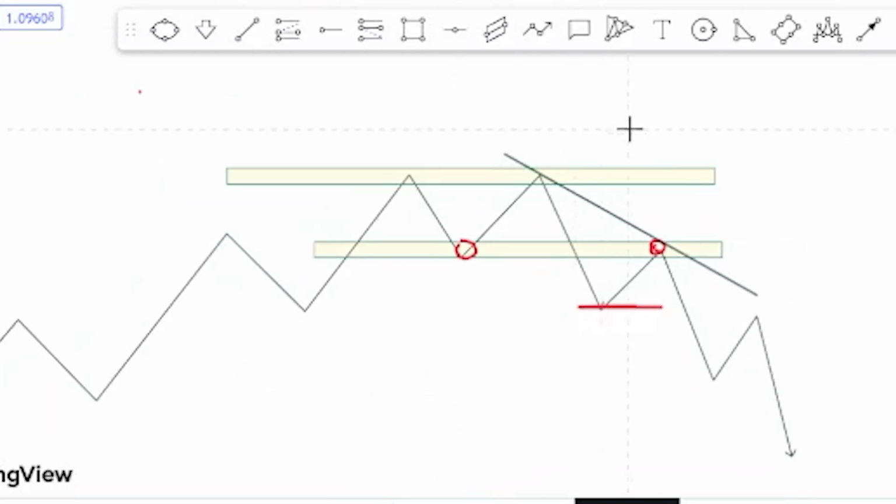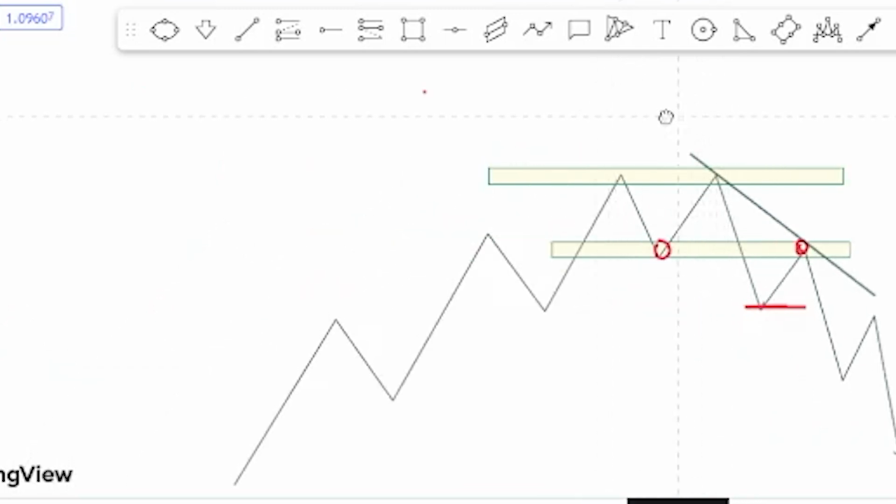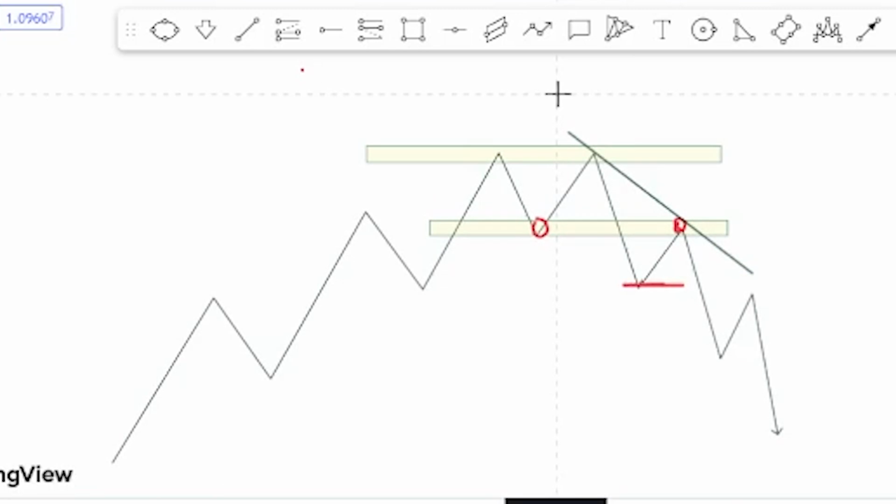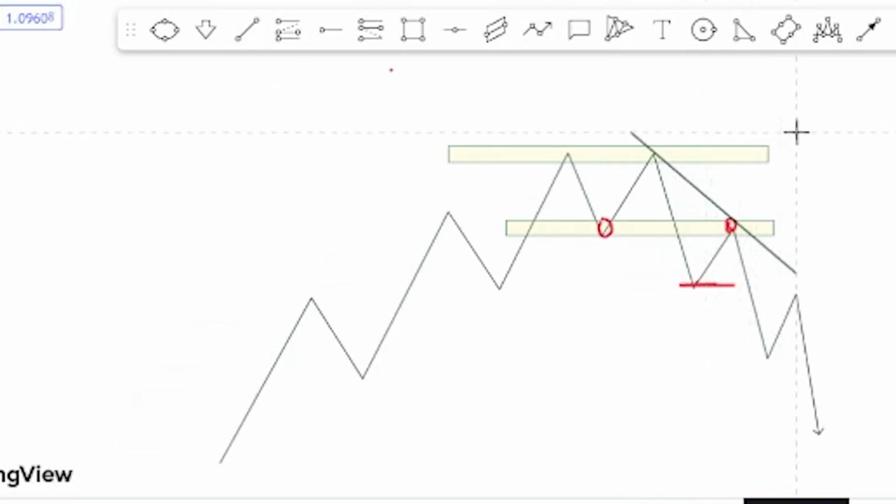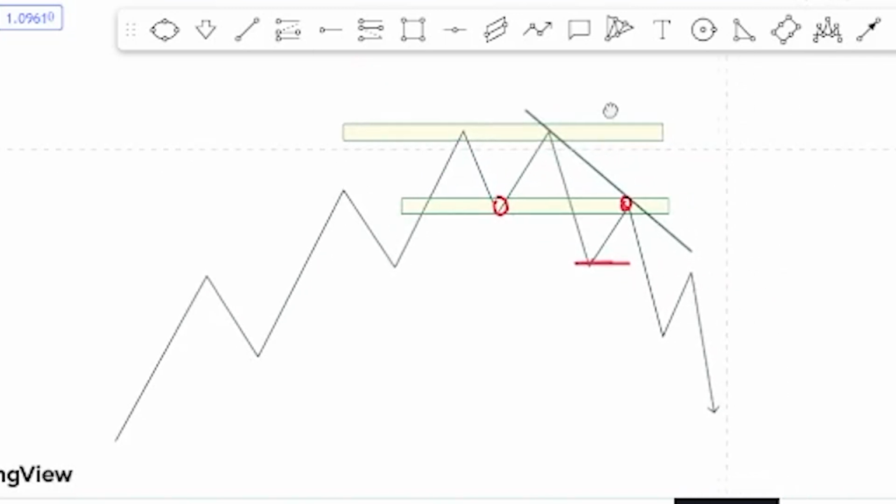Remember the two peaks we get from the trend line; that confirms that we are changing the direction to the downside. So we have so many confirmations. We have the double top, the break below the neckline, and the retest from the neckline, and we take a sell from there. Connecting that trend line gives two peaks, confirming a big signal to the downside.